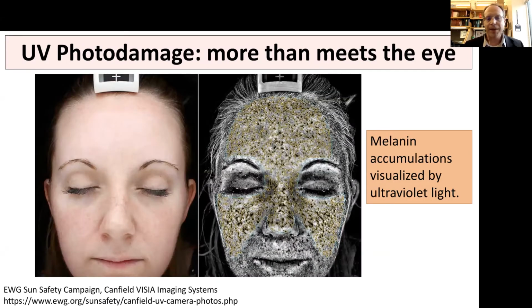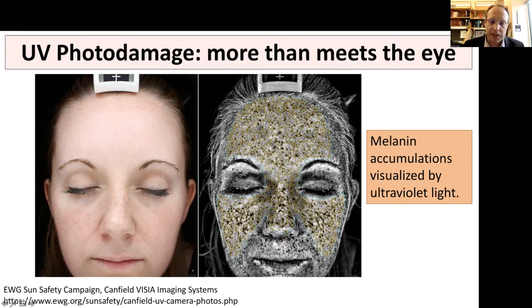So here I'm illustrating that point, and that is that UV photodamage is more than meets the eye. If we look on the left, we see a patient with some lentigines on the forehead, and some lentigines on the bilateral cheeks and nose. Overall, it looks like a pretty healthy patient with some sun exposure and a few obvious lentigines and melanin accumulations on the face. But if you examine the patient with special UV light, in this case a Canfield camera, we see numerous melanin accumulations across the face.